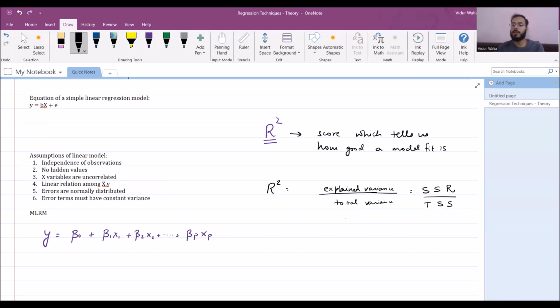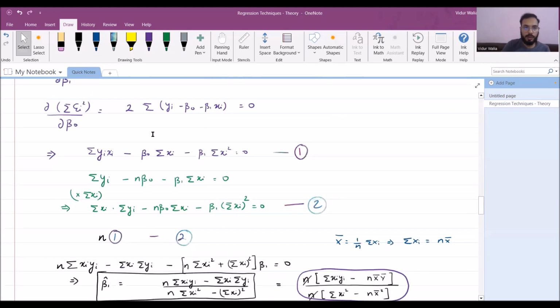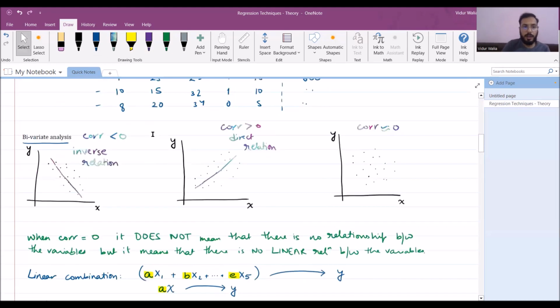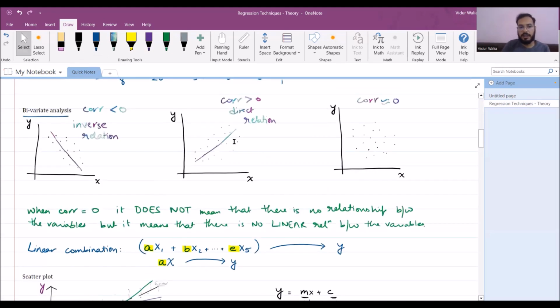So obviously this lies between 0 to 1, right? Higher R square value means that this is a better fit, which means that out of the total sum of squares, now this is not error sum of squares, this is total sum of squares, which is y minus y bar.